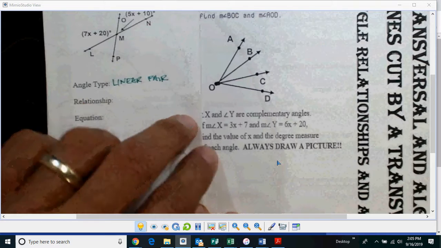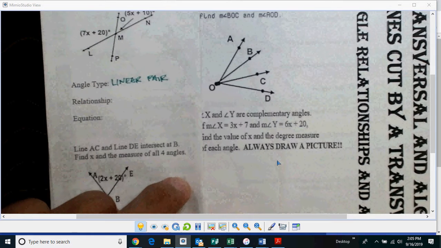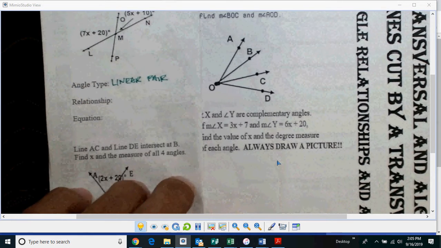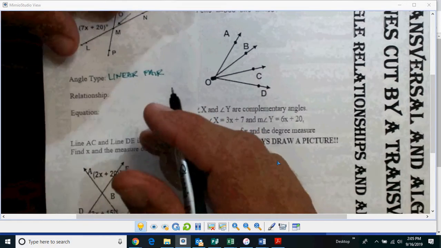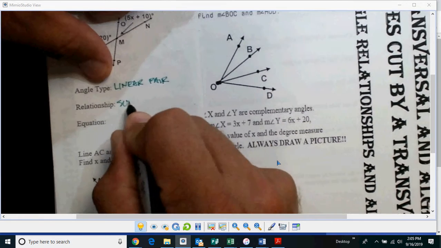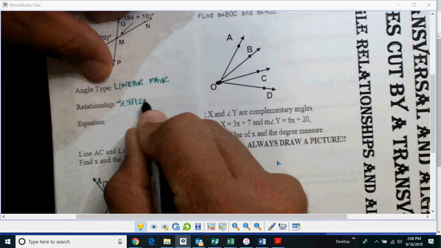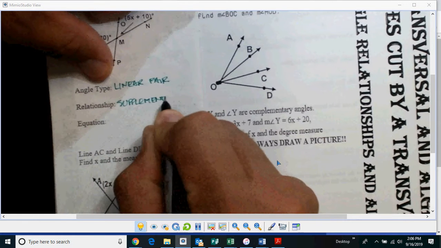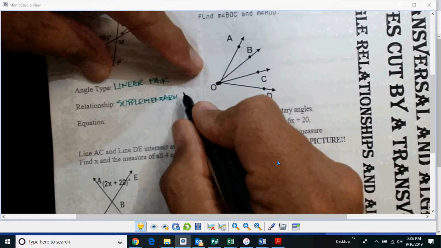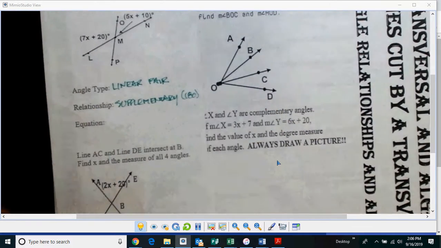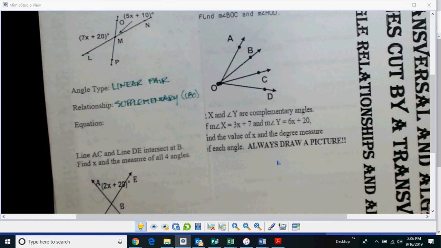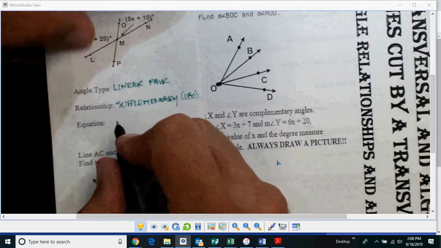What is the relationship with angles within a linear pair? Linear pairs add up to 180. They are supplementary, which means they add up to 180. So for our equation, I just take the expression for each and set them equal to 180.